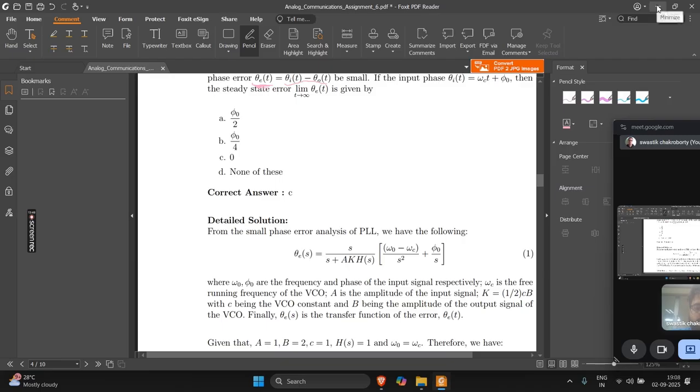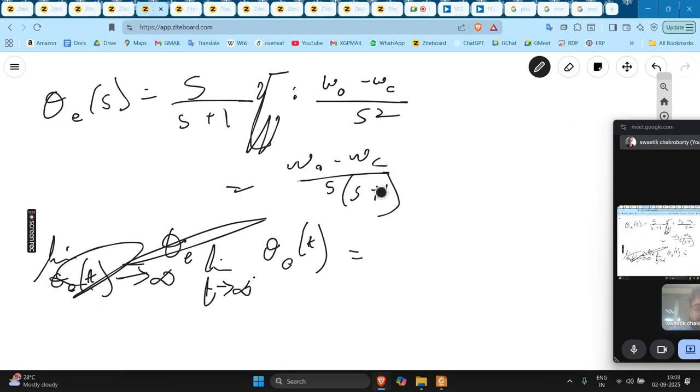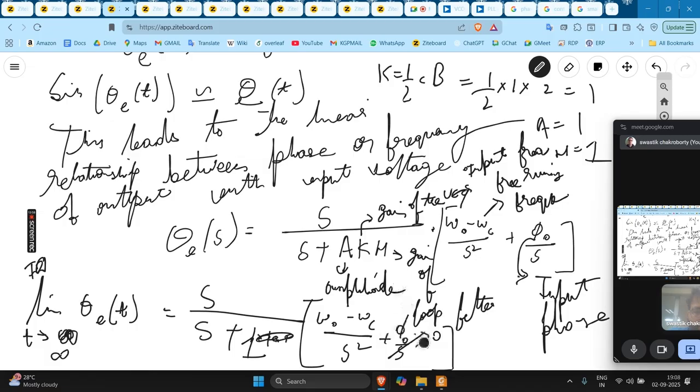So here omega naught is equal to omega c, slight mistake here. So omega naught minus omega c is 0. So this will go to 0 because omega naught is equal to omega c.